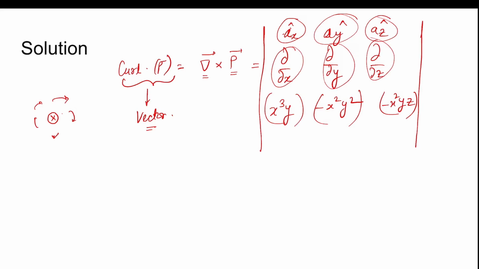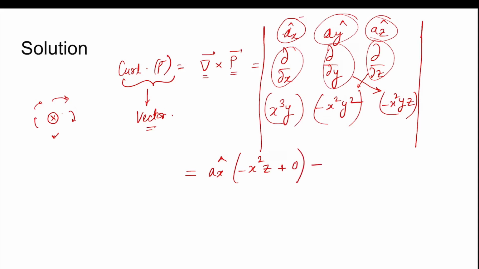Now this comes out to be equal to ax hat into minus x square z, because you take the partial derivative with respect to y, and minus minus becomes plus.